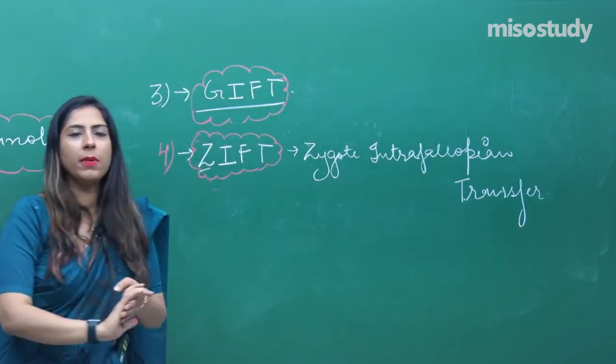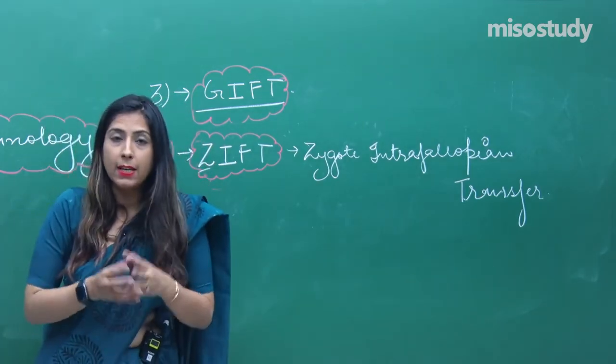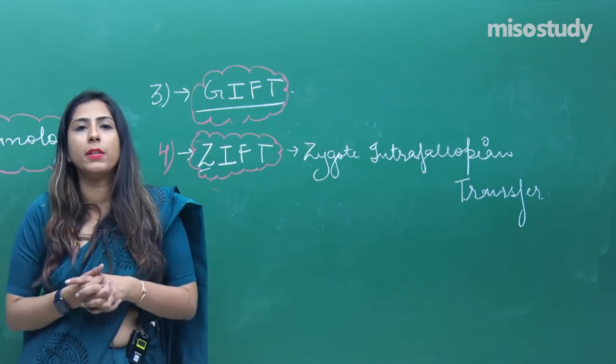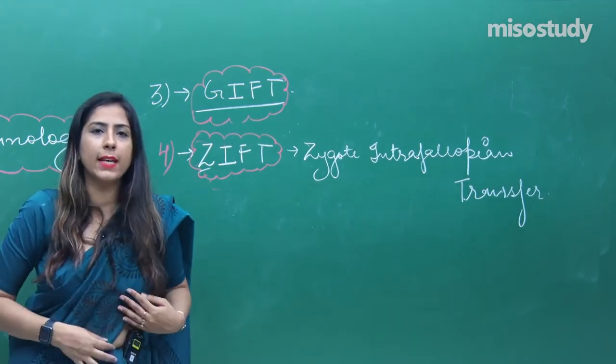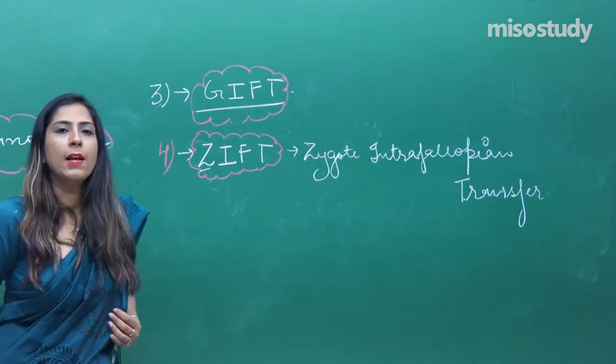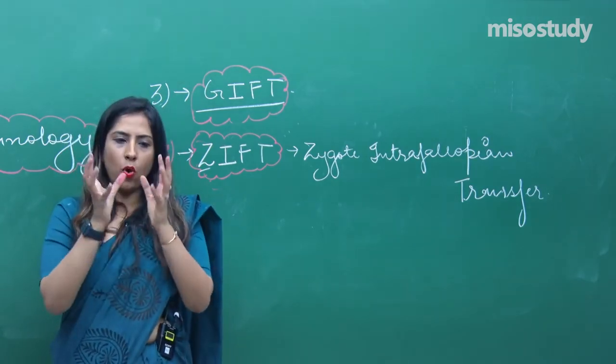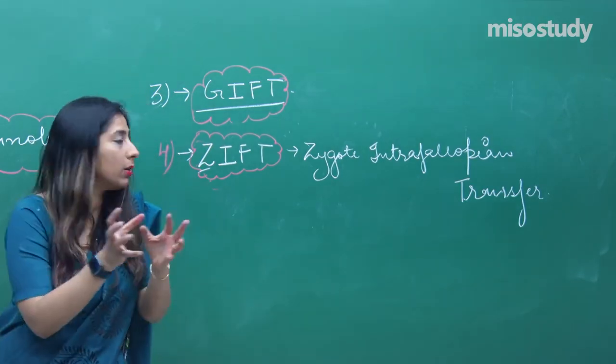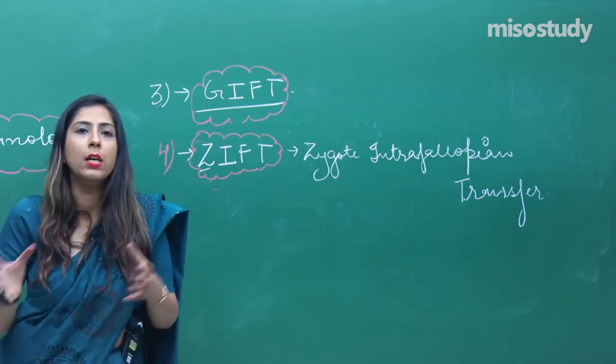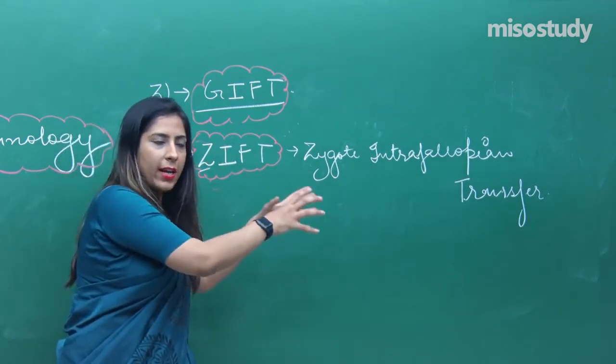Sometimes what happens, the female is unable to produce the egg, right? Sometimes it can also happen that the sperm is not produced. So in this case, the couple goes for IVF, that is in vitro fertilization. After in vitro fertilization, the whole zygote is transplanted into the uterus, where the implantation can occur, right?